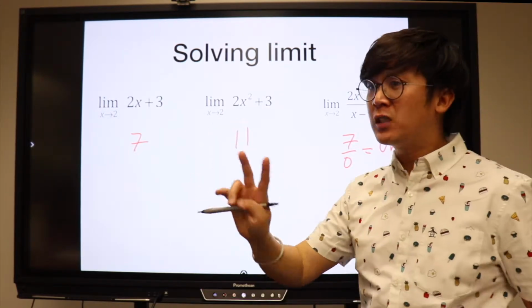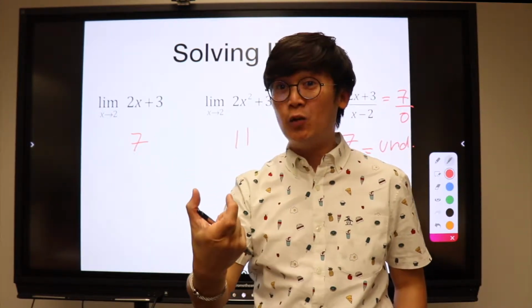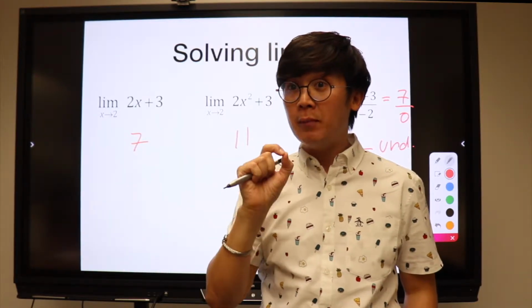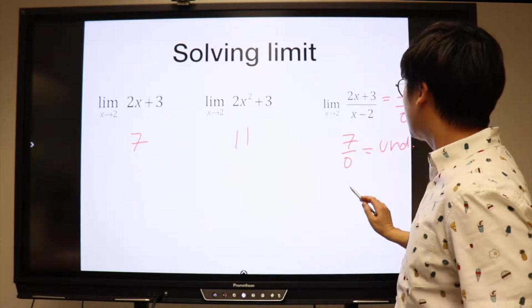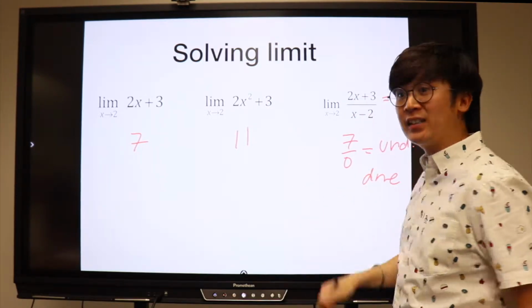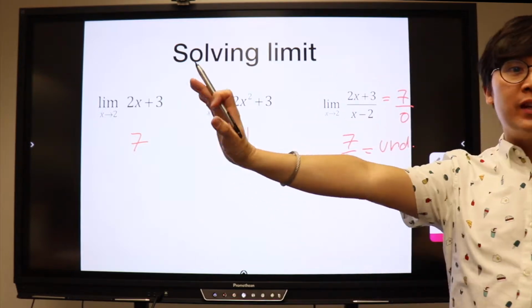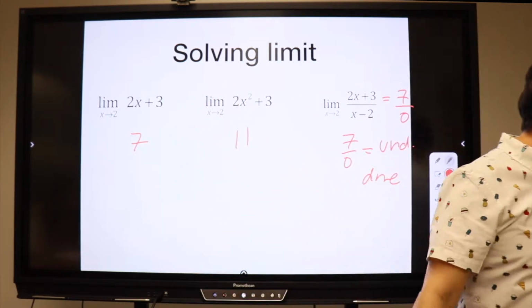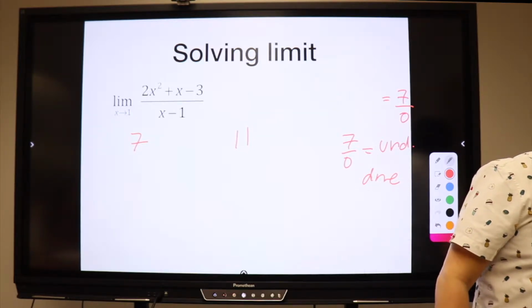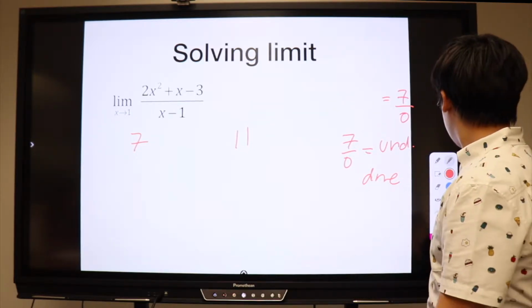There are 2 types of rational expressions with 0 as a denominator, indeterminate and undefined. This one is undefined because the denominator is 0. So, logically, the limit does not exist for this one, right? Because it's undefined. So now you solved it using substitution, which is pretty basic and pretty simple, and that is how you solve it. Now, what about this one?